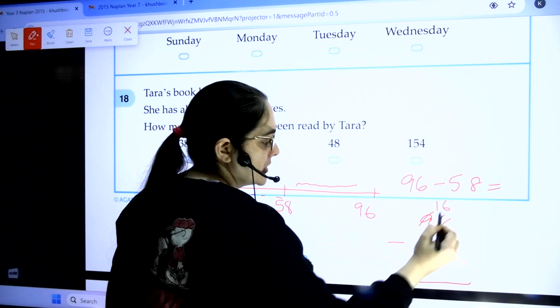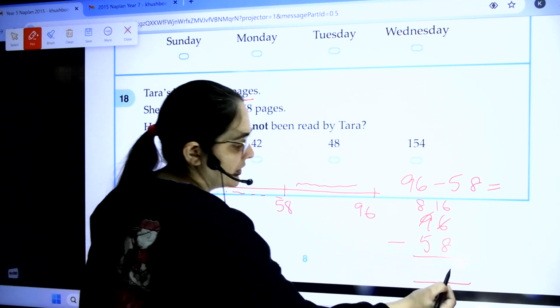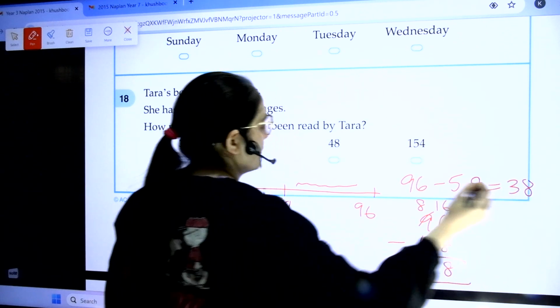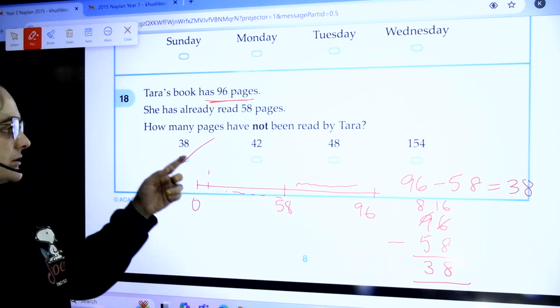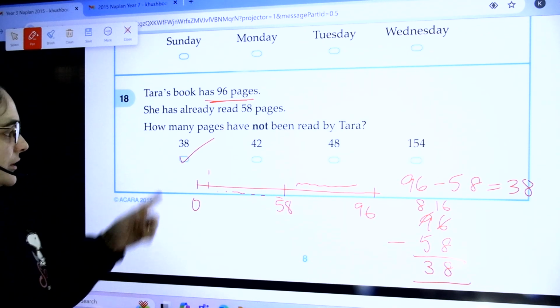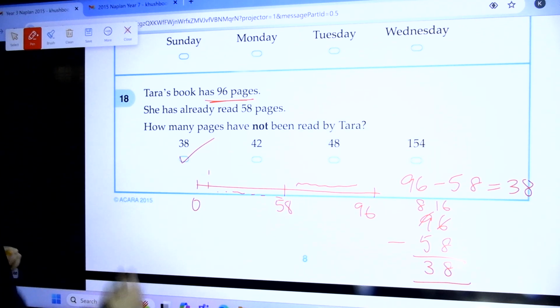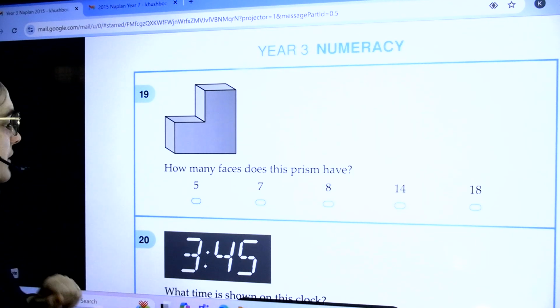That will be 16 and we'll count back. 9 take away 1 is 8. So 16 take away 8 is 8. 8 take away 5 is 3. So the answer is 38. So the number of pages that she has to read more is 38, or how many pages have not been read is 38.